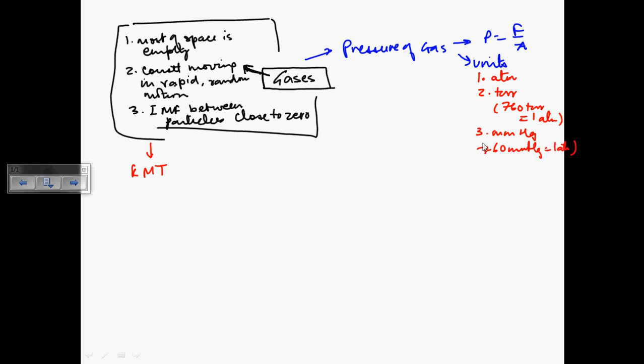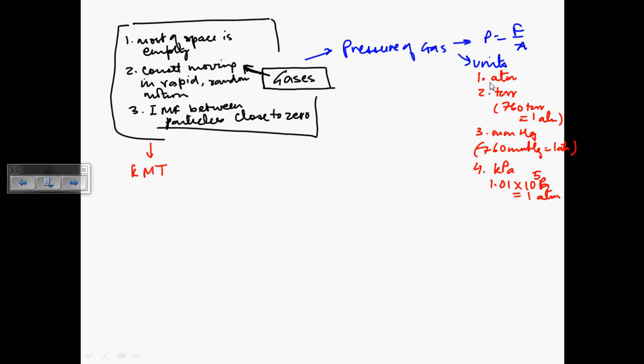So millimeter mercury and torrs are equal units. And then there is kilopascal or pascal. 1.01 times 10 power 5 pascal is 1 ATM. So these are the conversions you must remember for various units.